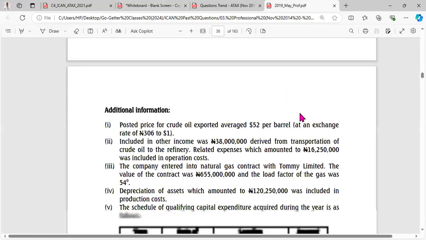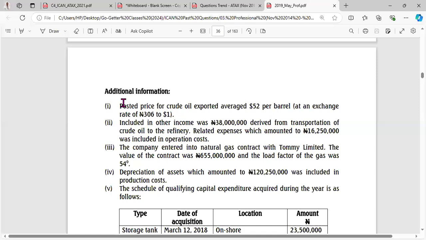But let's look at the additional information before we go into the main body. Posted price for crude oil exported averaged $52 per barrel at an exchange rate of 306 to $1. So this is for export.